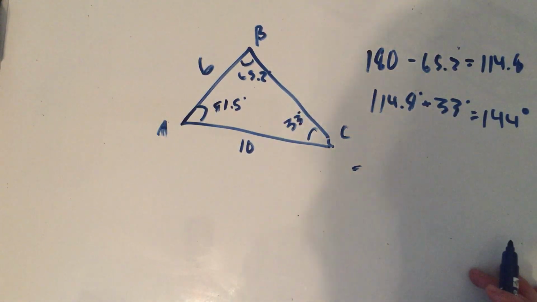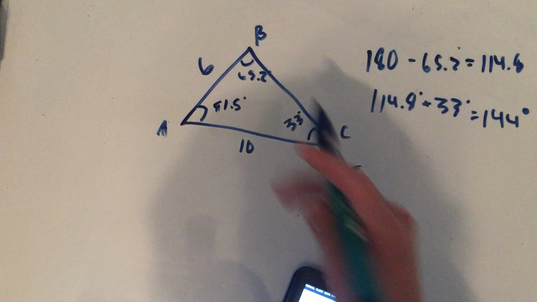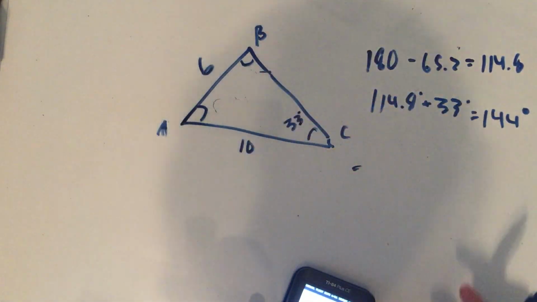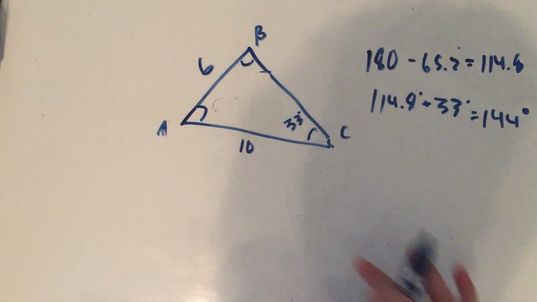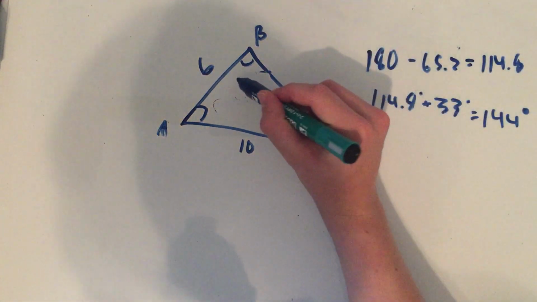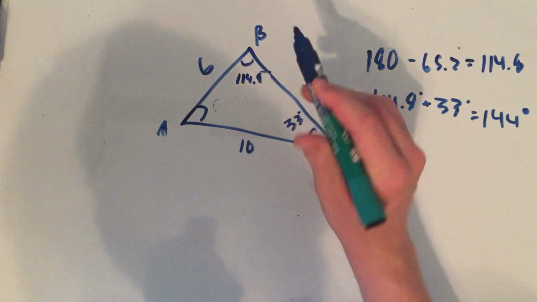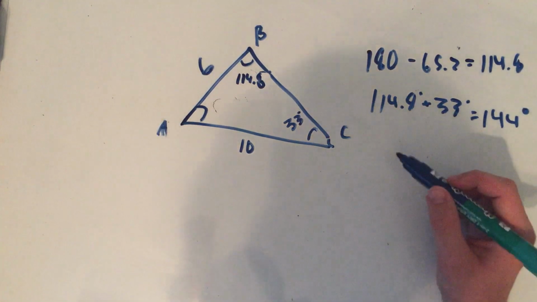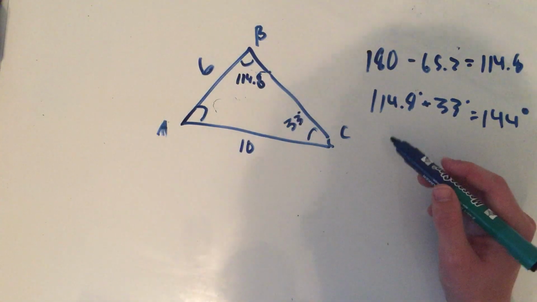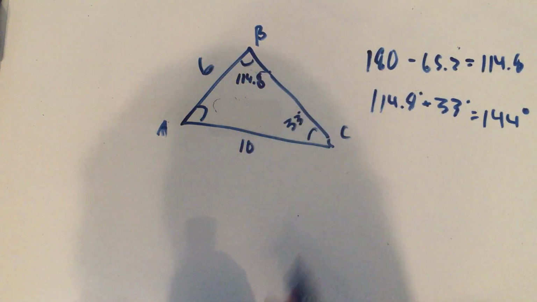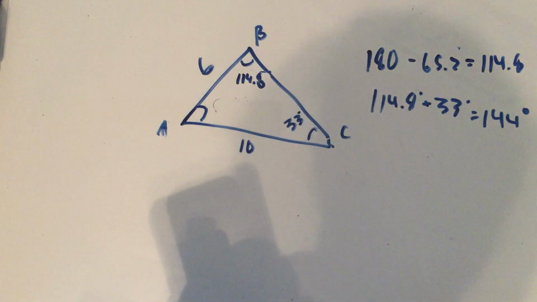So now we've got to solve for the rest. I'm going to go ahead and erase these old values. Well, we already solved for B, so B is 114.8. Now all we've got to do is solve for C. Once again, all angles in a triangle add up to 180, so we can subtract 114.8 plus 33 from 180.